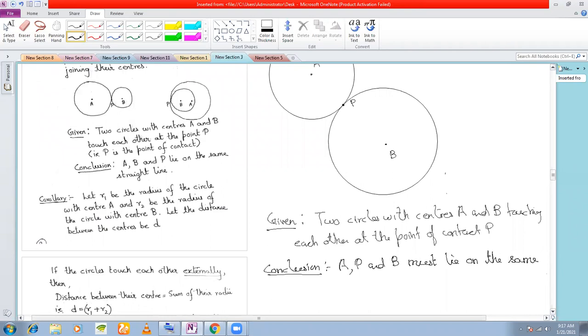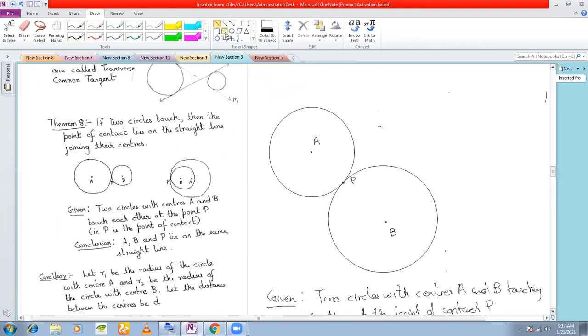Or you can say A, P, and B are collinear. That means if I draw a line from A joining B, then this straight line must pass through P. That is what it means.